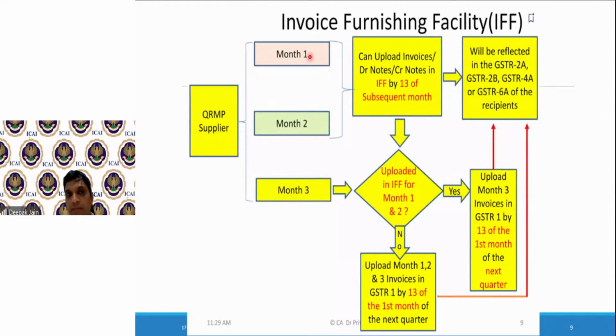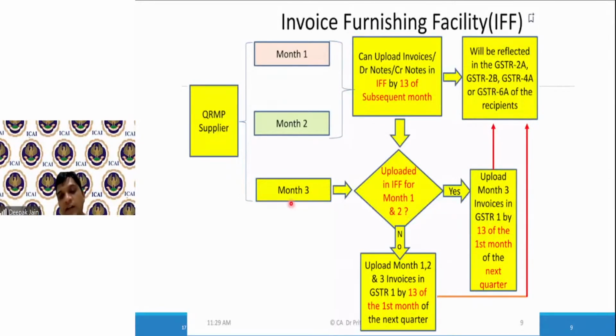But for those people who want to get the credit, you upload the invoice in IFF, so that it will reflect in their GSTR2A or 2B immediately. Then they will not fight with you saying that I will not purchase from you because you're not giving the credit. I'm a quarterly payer, but I'll give you the credit on a monthly basis through this IFF. So you furnish the invoices through this IFF by the 13th.